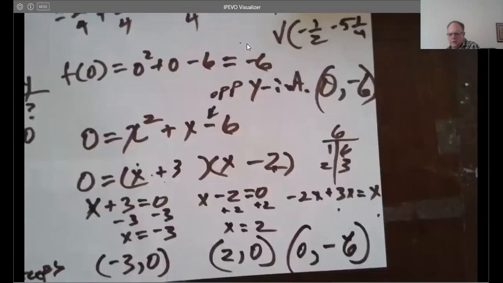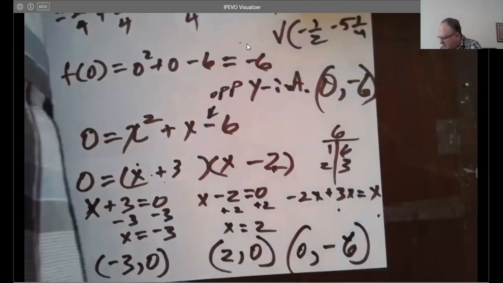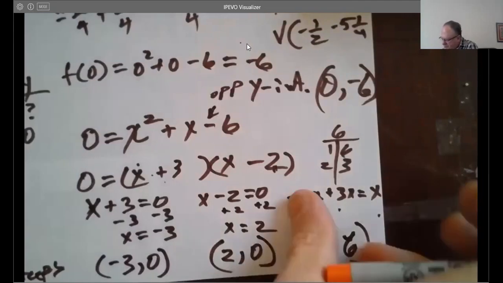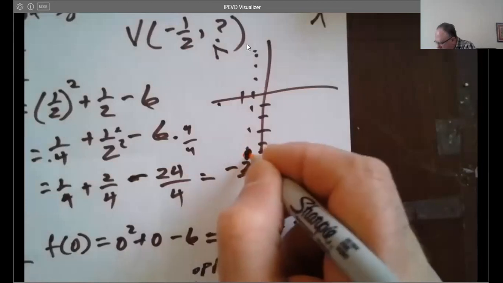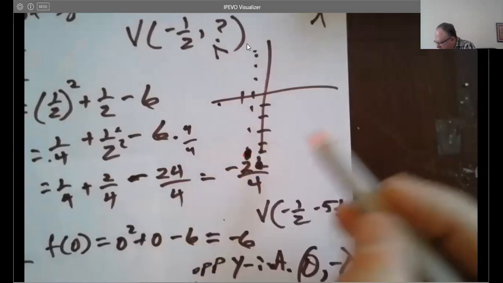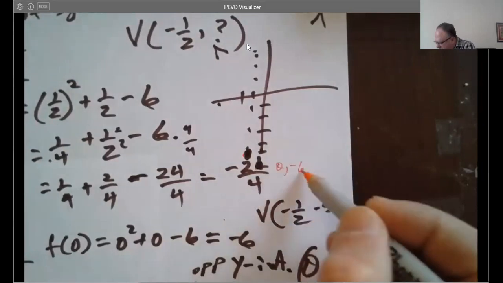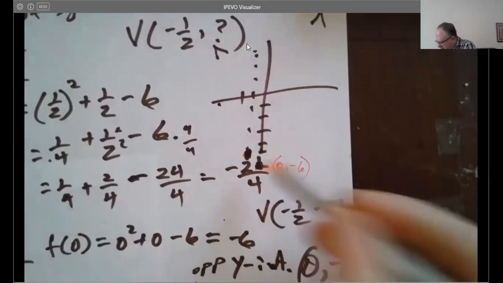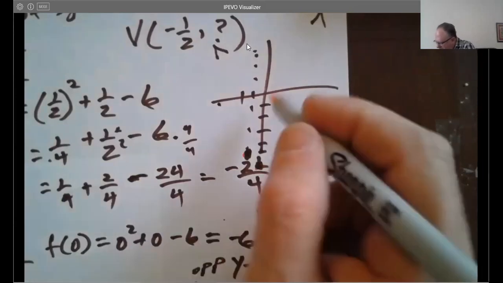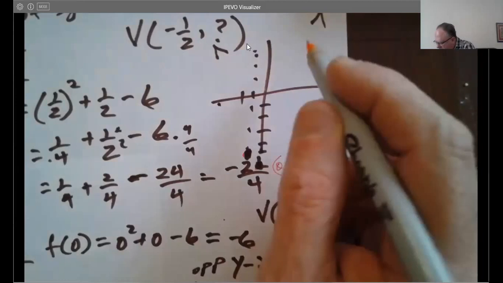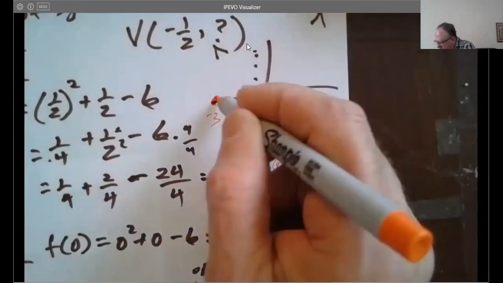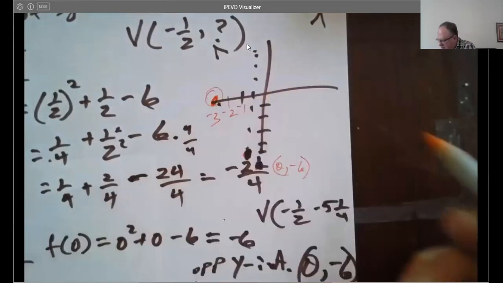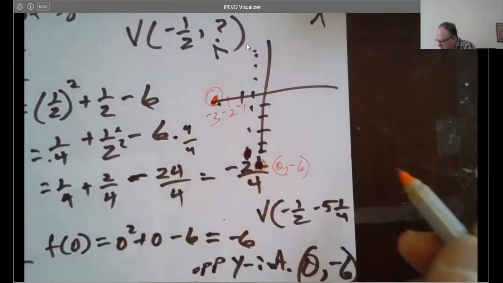Okay, so we're going to plug those back into our graph. I'll use a different marker this time. So here's our vertex, negative 1/2, negative 5 1/2. Here's 0, negative 6. That's our y-intercept. And then we have negative 3. So if this is negative 1, negative 2, negative 3, okay, negative 3, 0, that's an x-intercept. Here's our y-intercept.